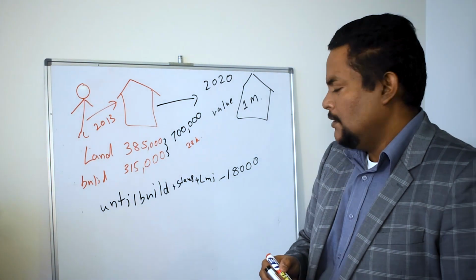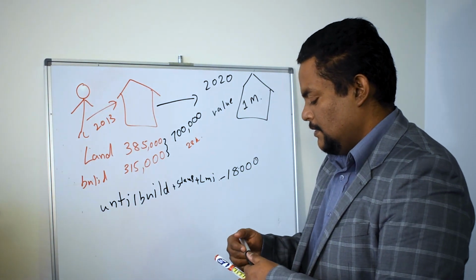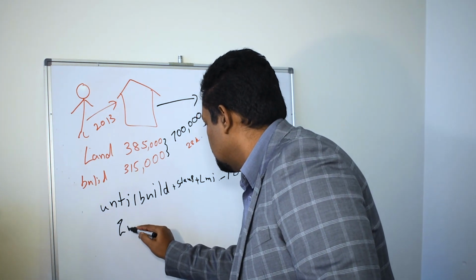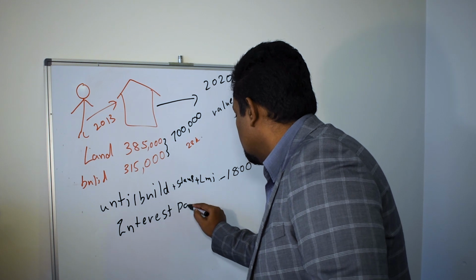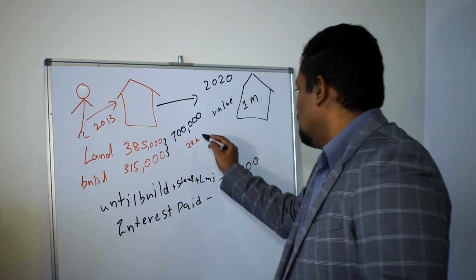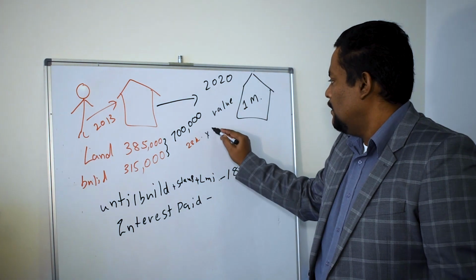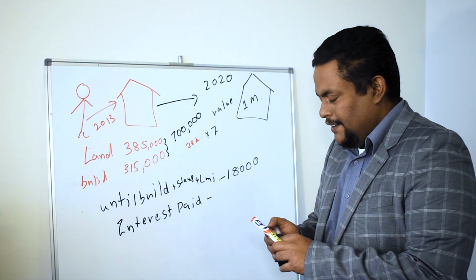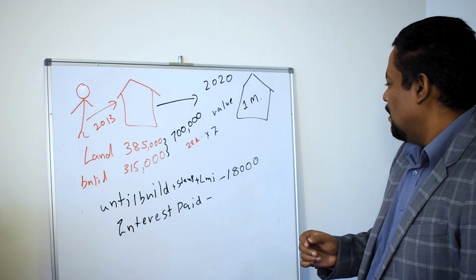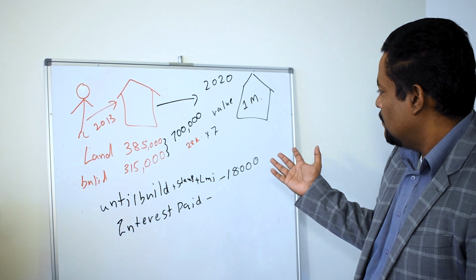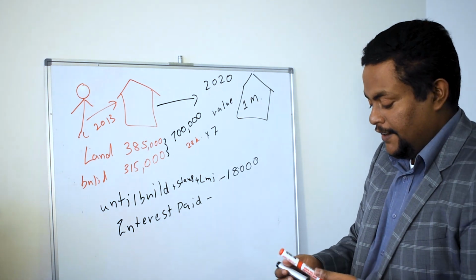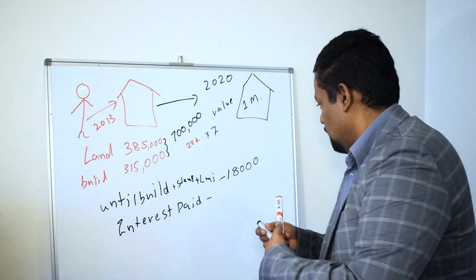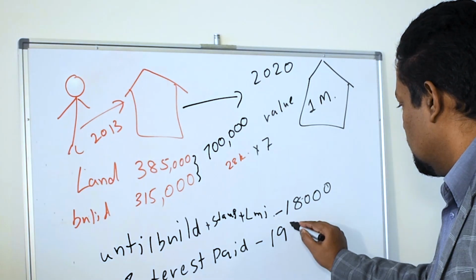Let's do the numbers. 28,000 a year for 7 years: he paid roughly 140,000, and then 8 times 7 is about 56,000, so about 196,000, only in interest.